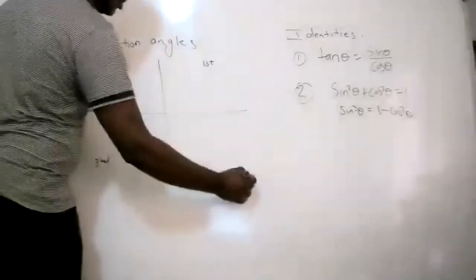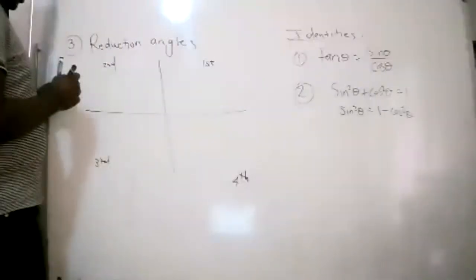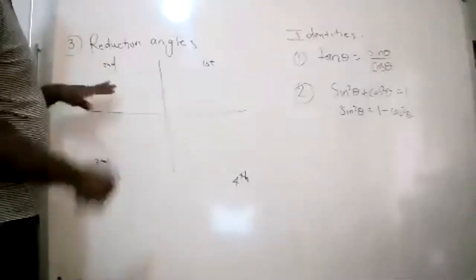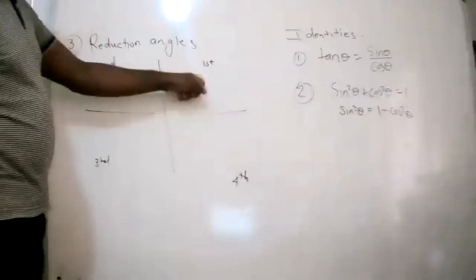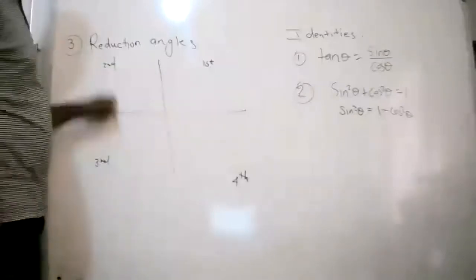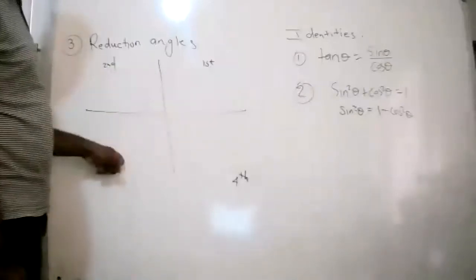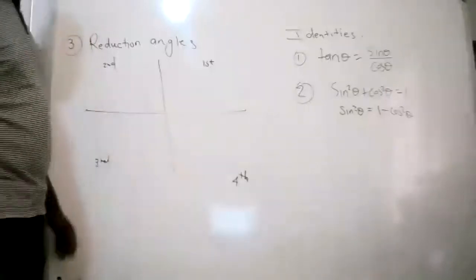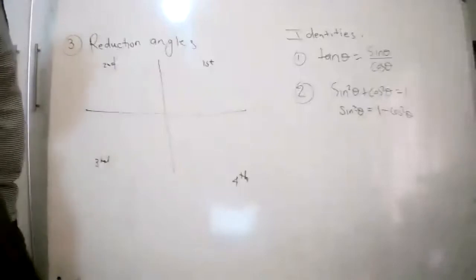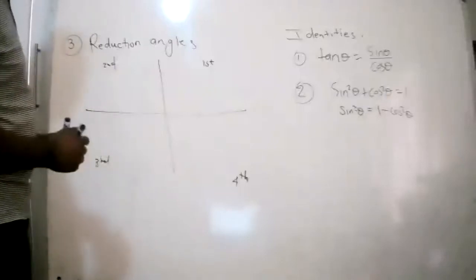So this does not change. You will never come across a Cartesian plane which has a first quadrant here. The first quadrant is this one here, and this is the second quadrant. This is the third quadrant, and that is the fourth quadrant. There are reasons why we say that. It's just that it's a lot of things which I may not be able to explain now.